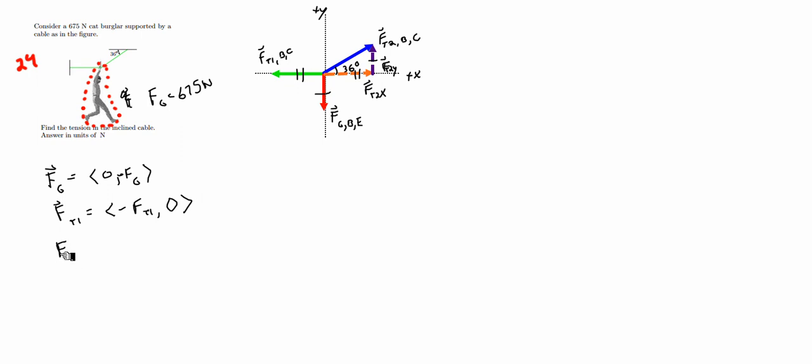And then for the second tension, it's going to be positive FT2 cosine of 36, because the x is the adjacent component, comma FT2 sine of 36. Okay, those are a list of our components.